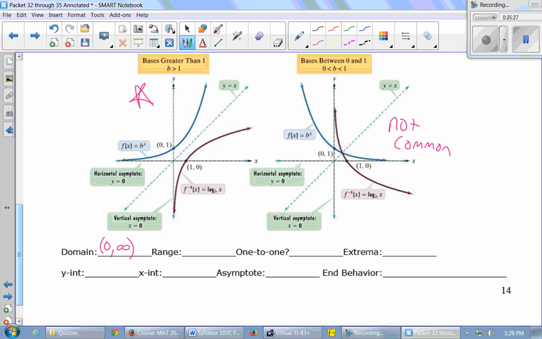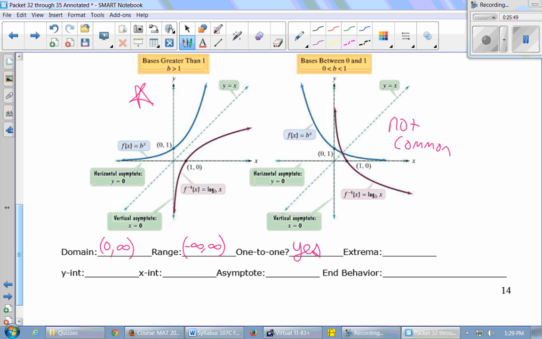How about the range for both red graphs? Negative infinity to infinity. And are they both 1 to 1? Yep, they have an inverse. We know that because they are the inverse of an exponential.